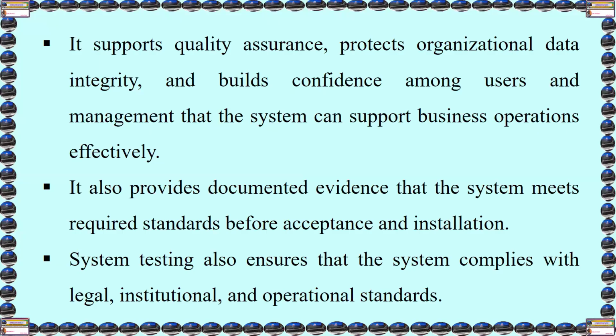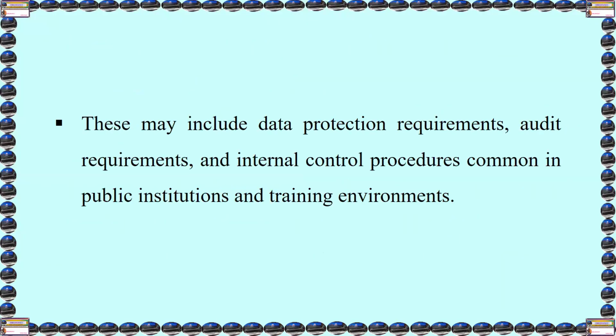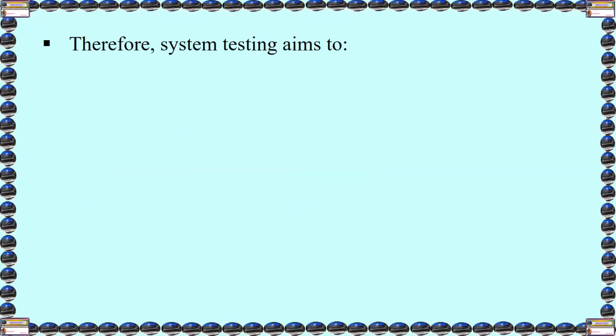System testing also ensures that the system complies with legal, institutional, and operational standards. These may include data protection requirements, audit requirements, and internal control procedures that are common in public institutions and training environments.